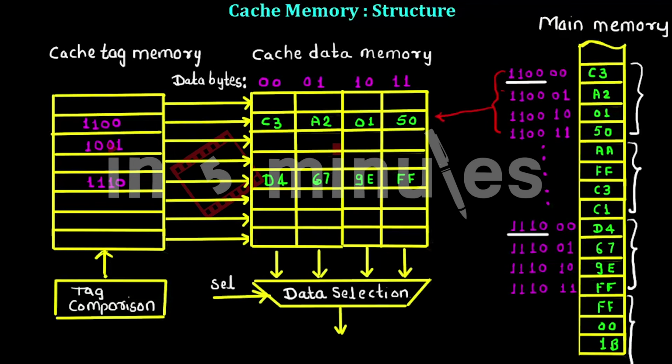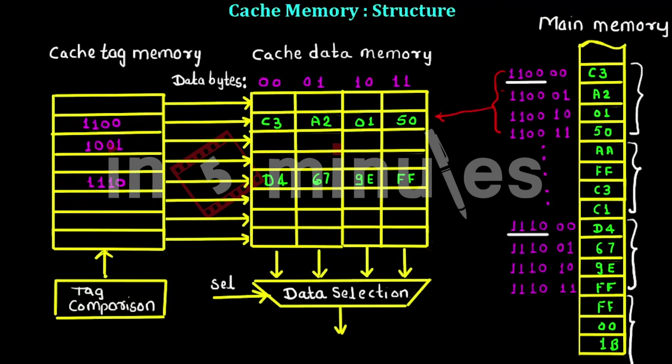When a particular block address is present and we want to select an individual word from the line, we have the data selection multiplexer present at the data memory. Depending on the select signal, which is going to be the last 2 bits of the address provided by the CPU, it selects the one particular data.